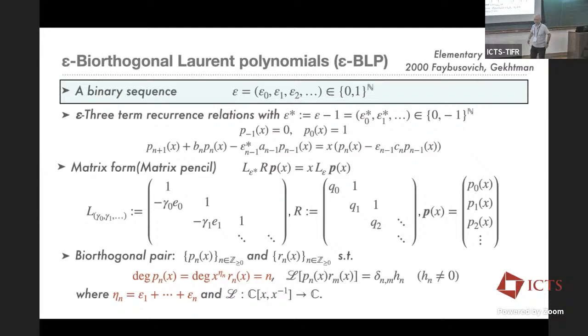Thank you. Are there any questions or comments? We know many examples of classical orthogonal polynomials. Is there a well-known example of this Laurent bi-orthogonal polynomial family? Yes. Actually, this Laurent bi-orthogonal polynomial can be treated as an orthogonal polynomial on the unit circle, OPUC.